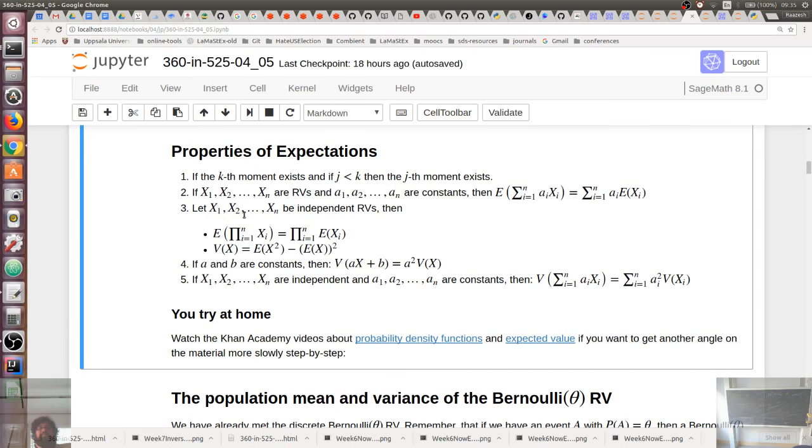And then if you have n random variables that are independent, then the expectation of the product of the random variables is the product of the expectations. Okay? So this is only true for independent random variables.